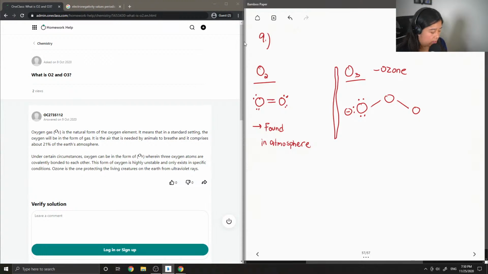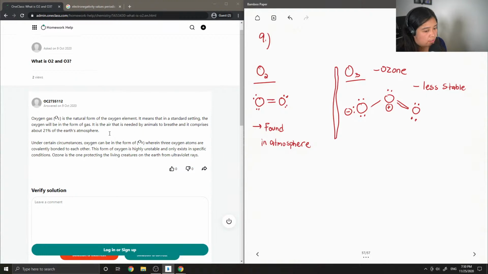So one is negatively charged. This one will be positively charged. So this is an ozone molecule, and it is less stable than just O2 gas.